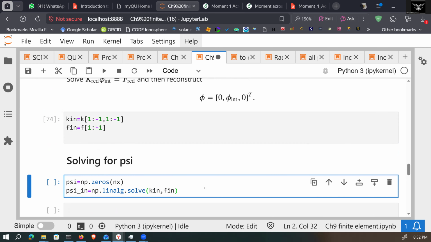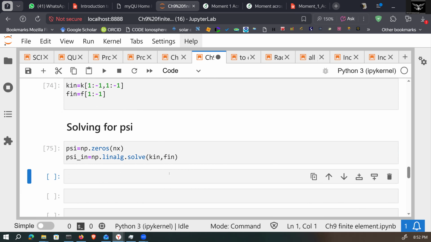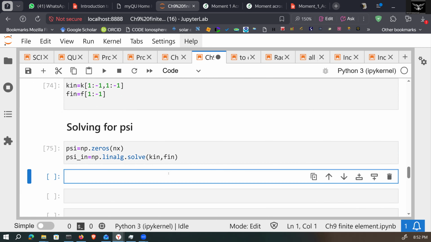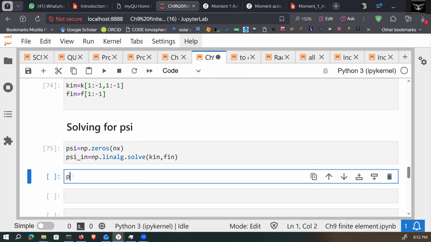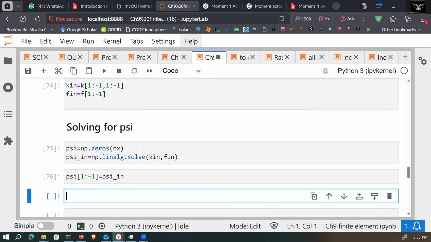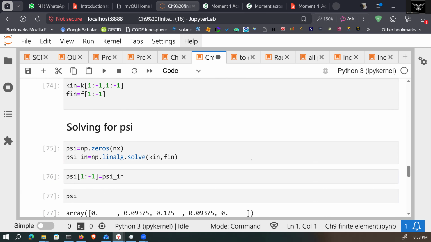So we run this, and we are going to add this inner psi to the main psi: psi of 1 through minus 1 equals psi inner. And this is our solution. This is what we get.